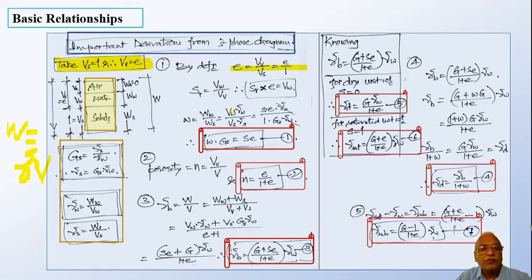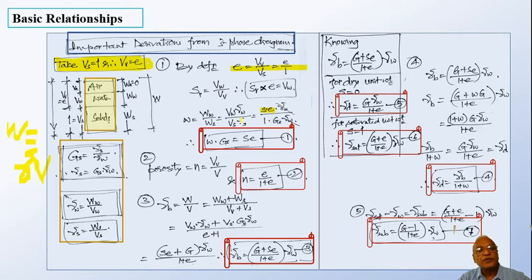But volume of water is already, we have proved here, S into e, that will write gamma W as it is. Now denominator, you have weight of solids only. Weight of solids is volume of solids multiplied by unit weight of solids. So Vs is substituted as 1.